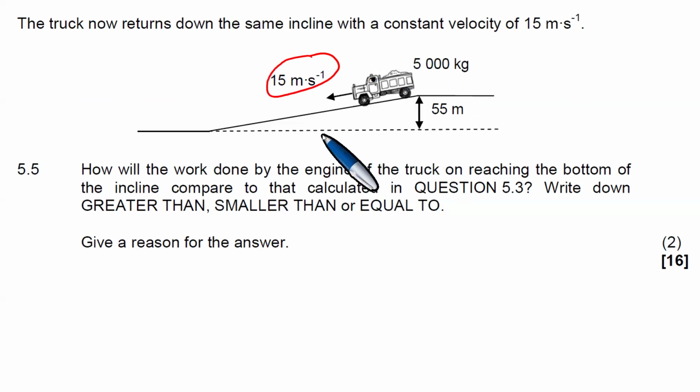It's going down with the same velocity of 15 that it went up with, pretty much. How will the work done by the engine of the truck on reaching the bottom of the incline compare to that calculated in question 5.3? We need the work done. Will it do more work? Will it do less work? Write down greater than, smaller than, or equal to. Give a reason for your answer.